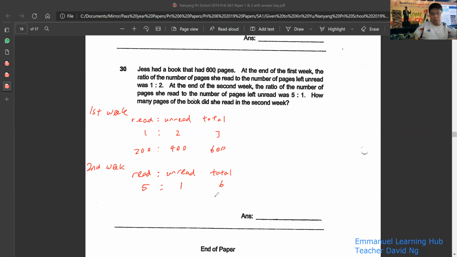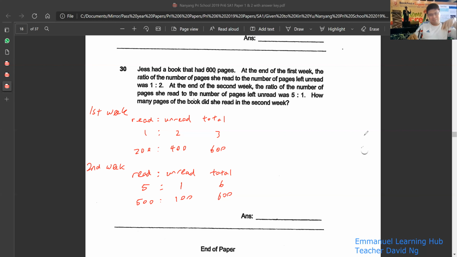So now if the total is going to be 600 pages, my one unit is 600 divided by 6, which is 100, right? So she will have read 500 pages. Make sense? Now you have a clearer picture of what's going on, right?